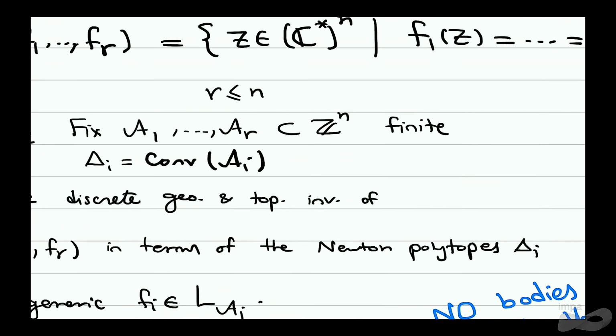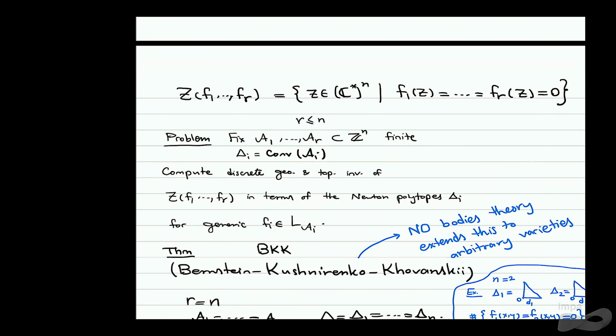So the problem is that you fix a bunch of sets of monomials A1 to Ar, and then you pick Laurent polynomials Fi with the given monomials, so Fi comes from the span of Ai.